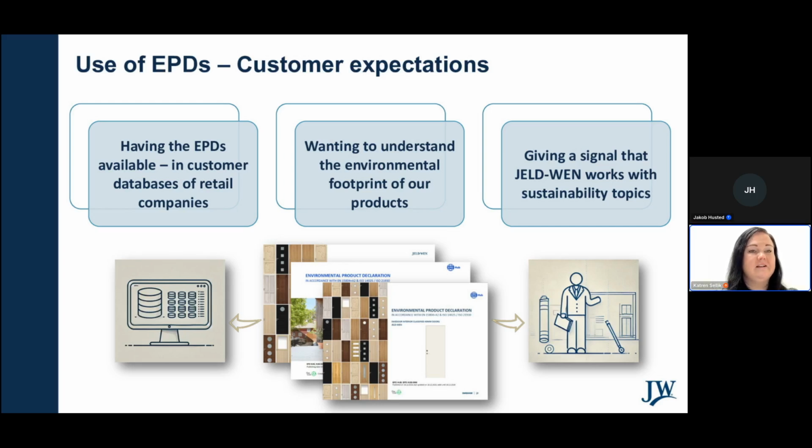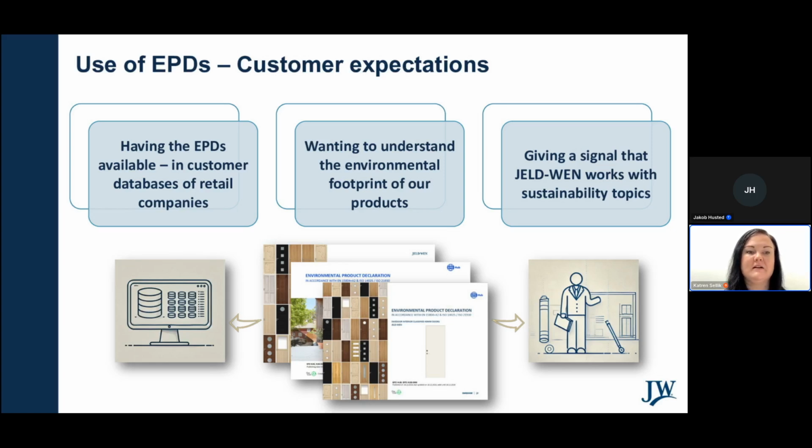Then we have, that's a really wide topic, the customer expectations, because of course the building certification schemes were customer expectations as well, but on top of that we have some big customers like retail companies who keep their own databases which their customers can use, where they want to have the EPD data available.